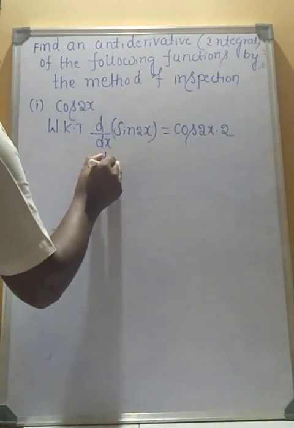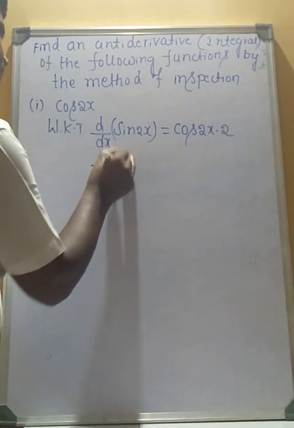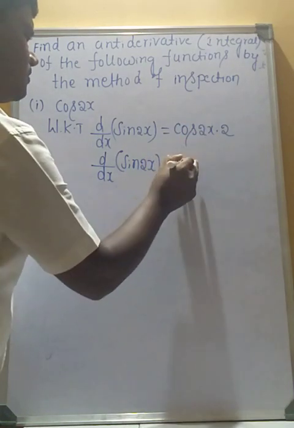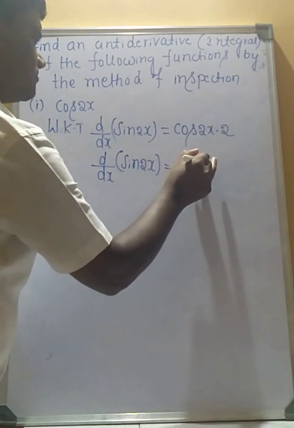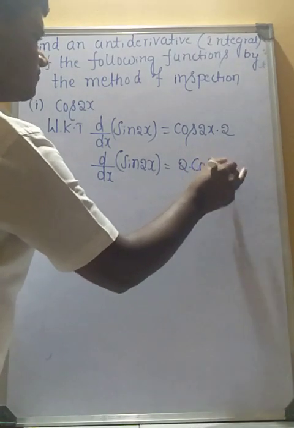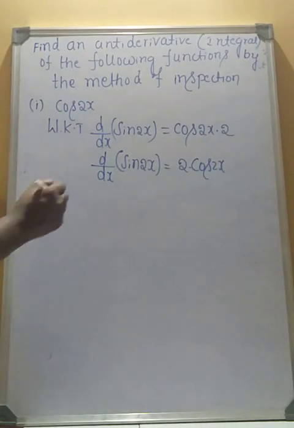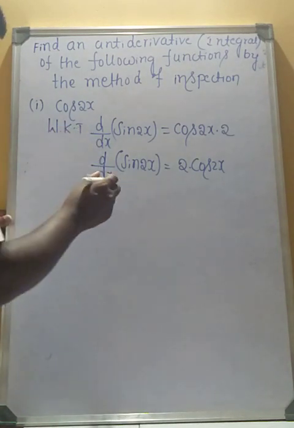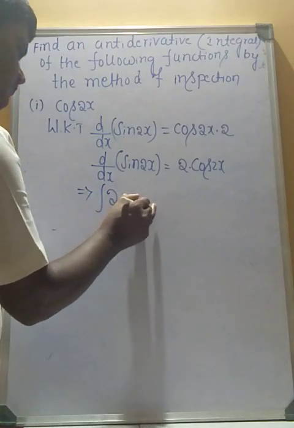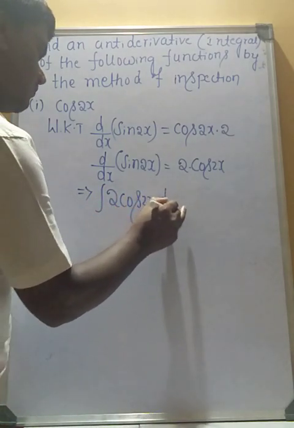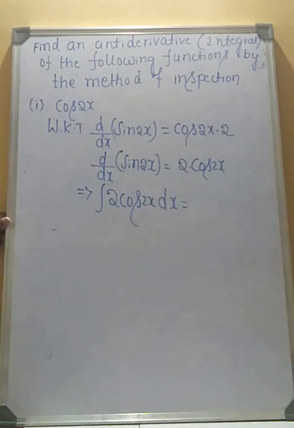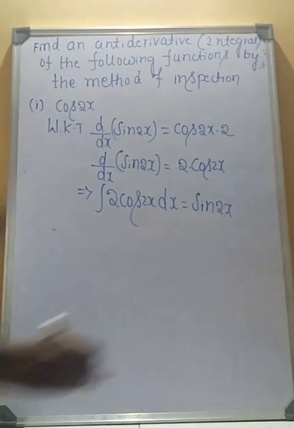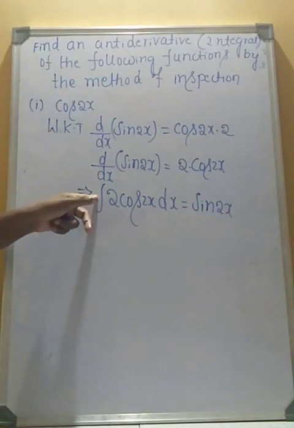So d by dx of sin 2x is cos 2x into 2, which can be written as 2 cos 2x. This implies, taking the integral, the integral of 2 cos 2x dx is equal to sin 2x, taking the integration symbol on both sides.